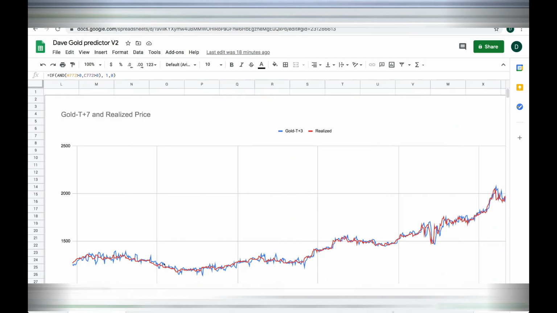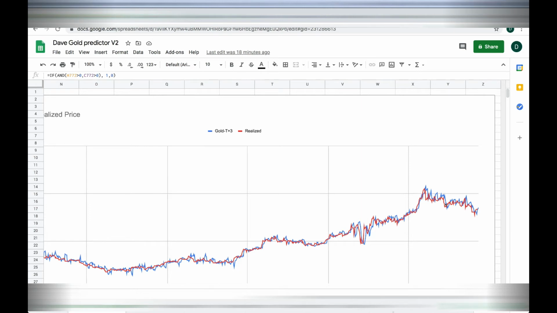I think the next part, because one of the things that these models fail at, is it's pretty bad at predicting crashes and downward trends. For upward trends, when it's at the downward trend, it tends to predict them quite well. But when it's at a peak, it tends to not do so well at predicting a downward trend.